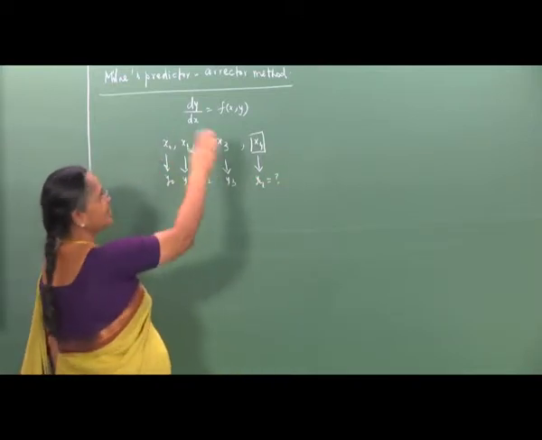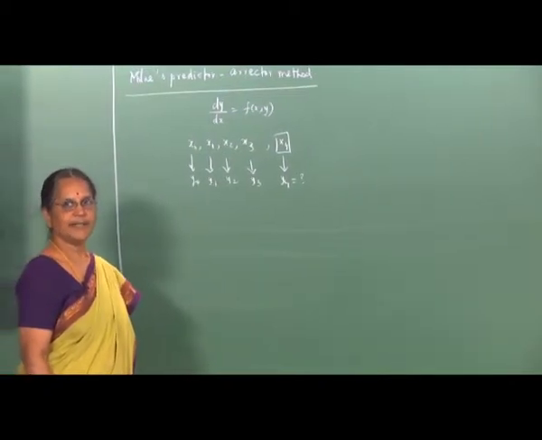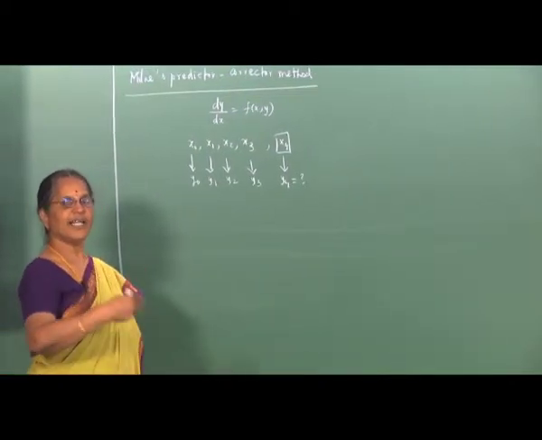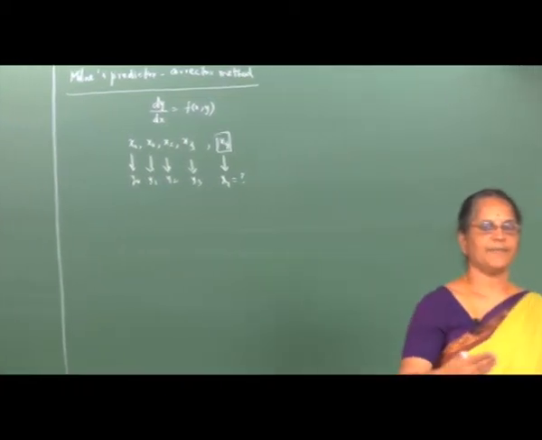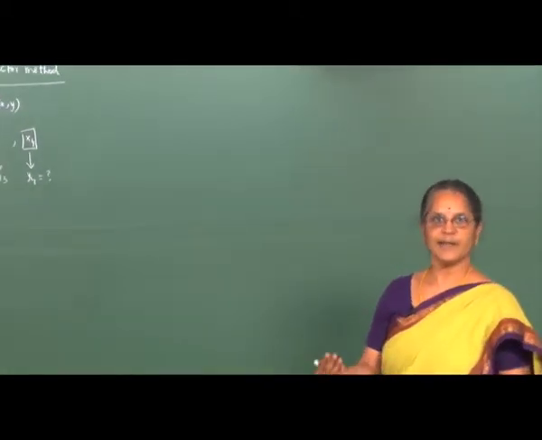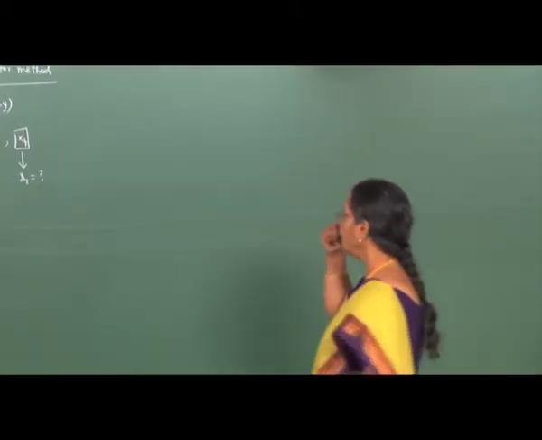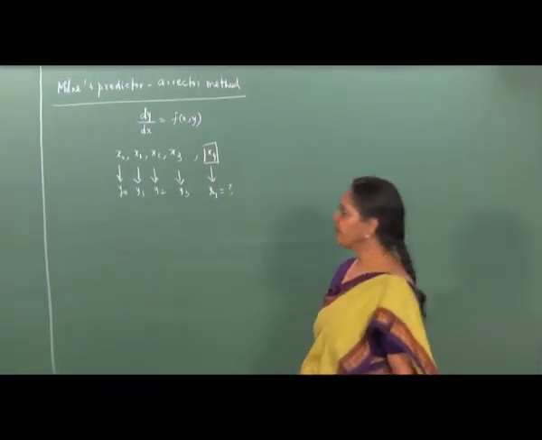So, under this assumption we develop Milne's multi-step method and also derive another multi-step method, and we will see how these two multi-step methods can be considered as a predictor corrector pair for computing solution at the point x4, namely y4.